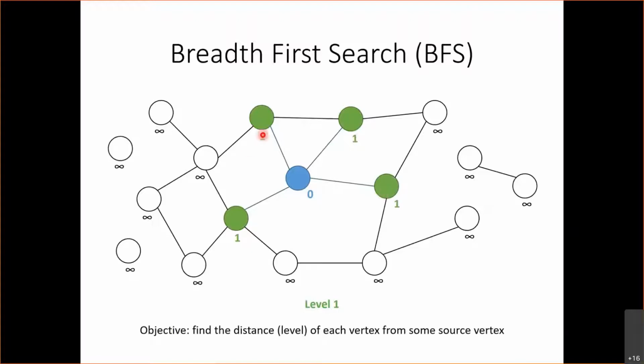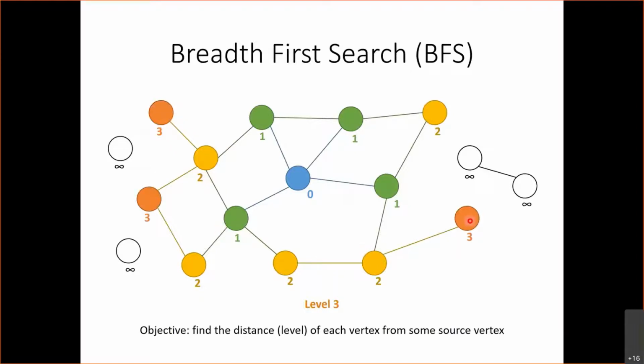So everything that's reachable from the neighbors is going to be labeled as level 2. I'm going to keep doing this until there are no more vertices visited. So on the next iteration, I'm going to visit all the neighbors of these level 2 vertices, and label those as level 3.